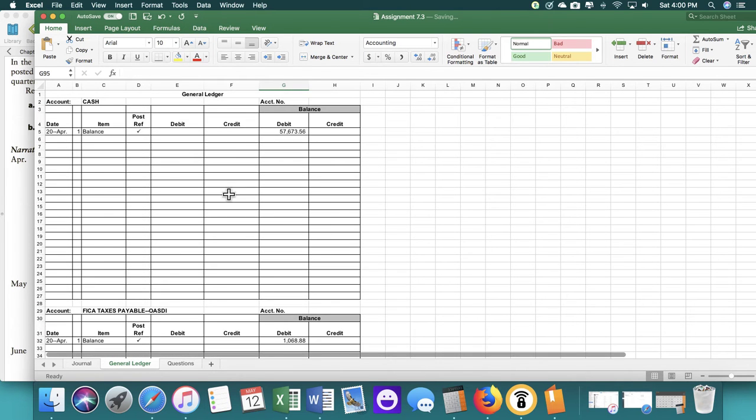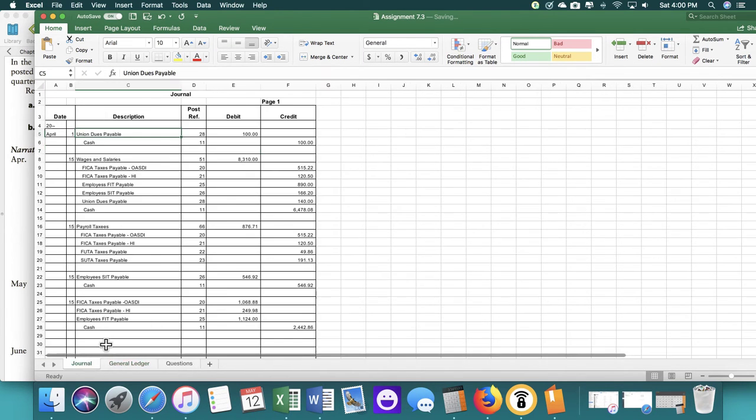So we would go up to cash, the 19th page, and it's $100. So then we would do 57,573.56. And again, you would do that for every transaction just like you would in accounting 1 or 2, or even if you've had to take accounting 3.